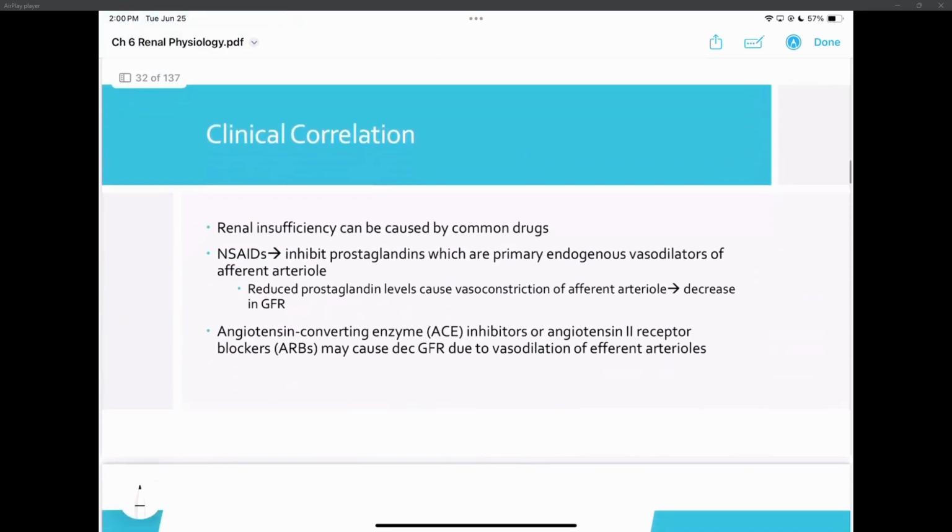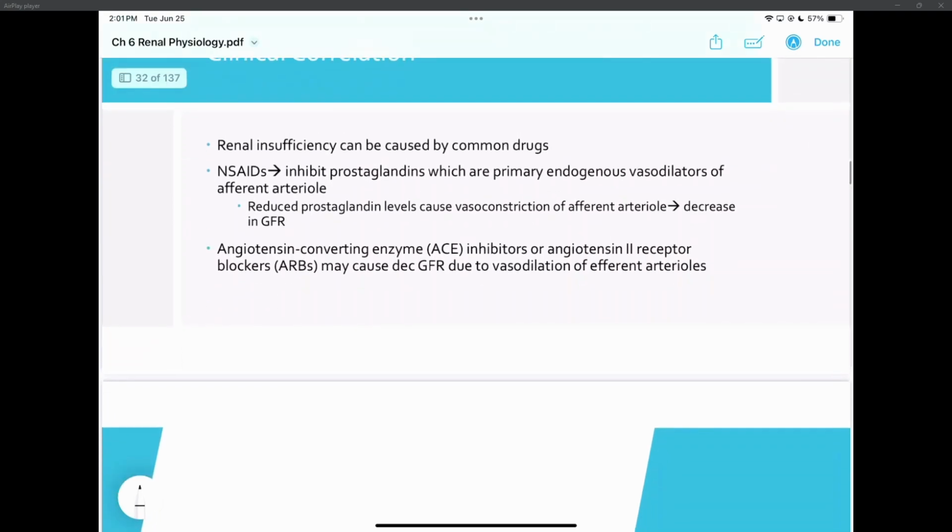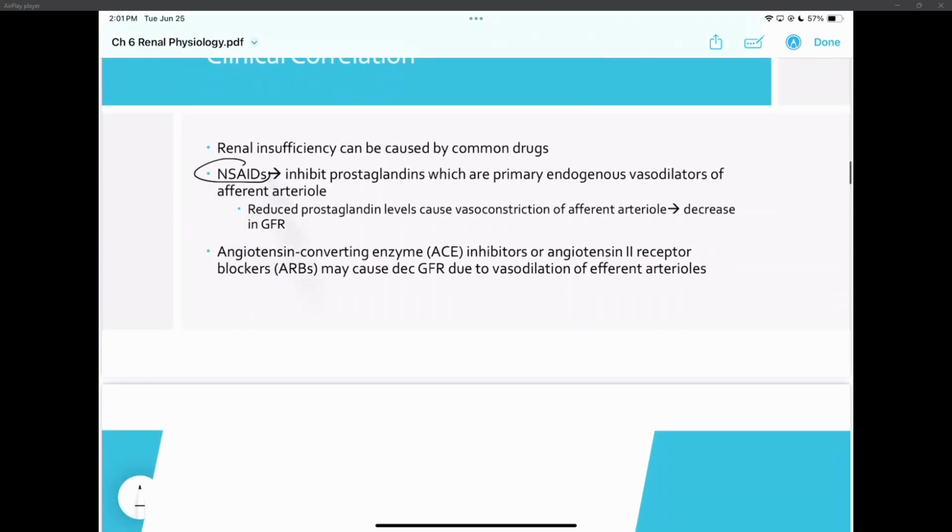Clinical correlation. Renal insufficiency can be caused by some drugs. First one, NSAIDs. Like I said before, you don't want to give NSAIDs to people who have kidney problems. Here's the other problem. NSAIDs inhibit prostaglandins, which are primary endogenous vasodilators of the afferent arteriole.